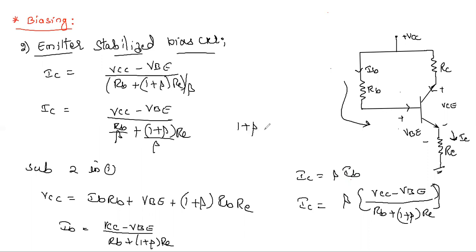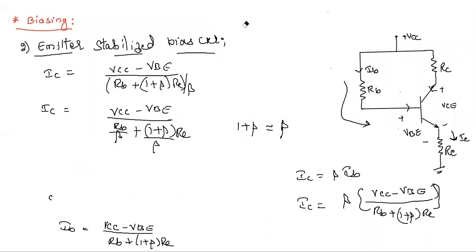Here 1 plus beta is approximately equal to beta. So I can cancel 1 plus beta with beta. Now the value of IC is equal to VCC minus VBE divided by RB by beta plus RE.